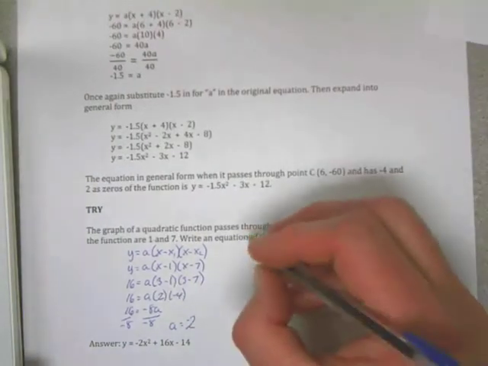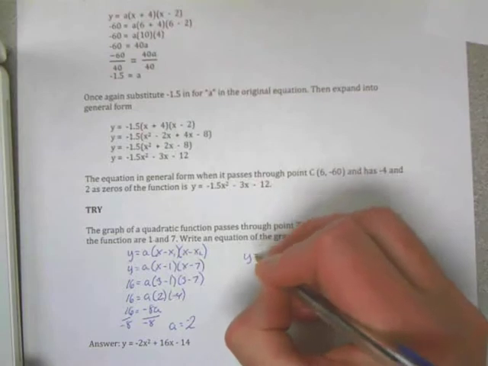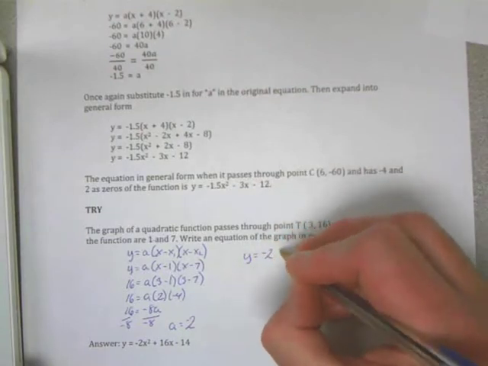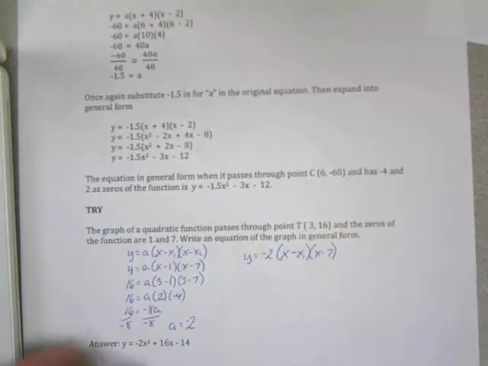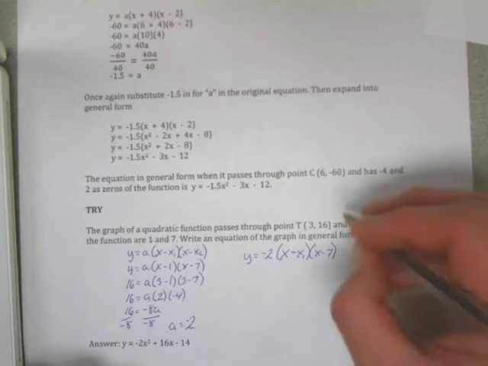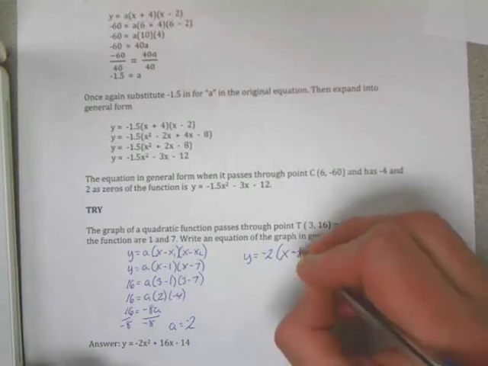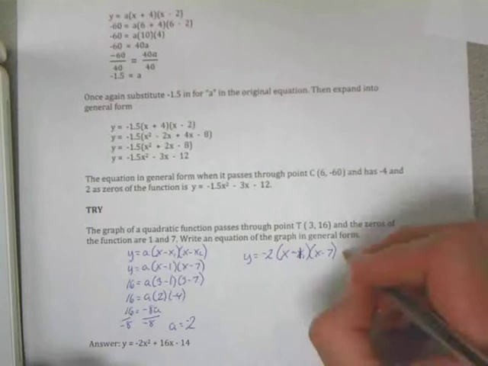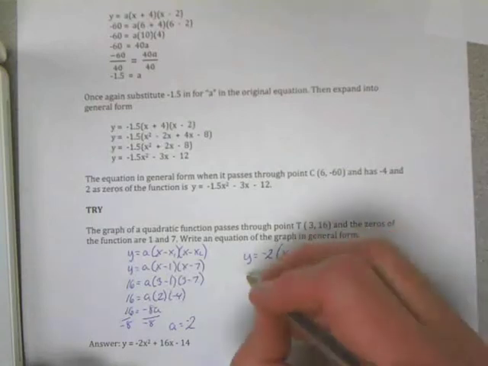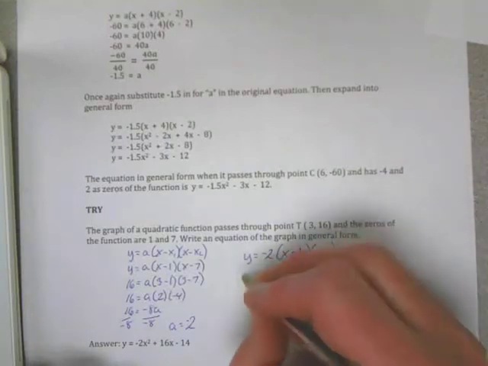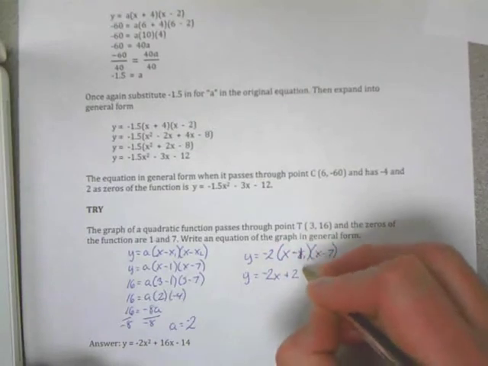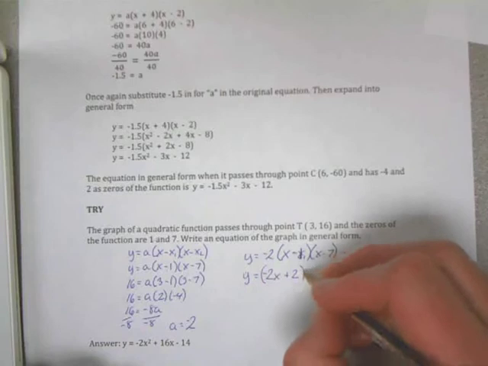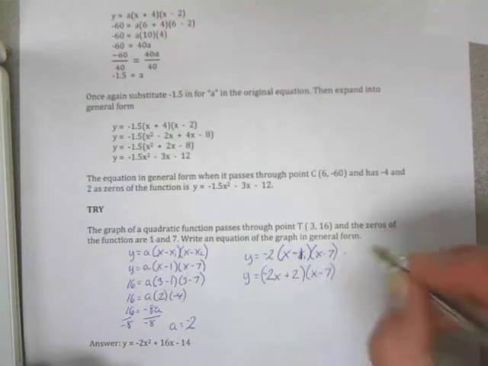Okay, I then go back to my equation. I plug that in for a, so y is equal to negative 2 times x minus 1 times x minus 7. That should have been a 1 there, which I was trying to do earlier. Now I want to get rid of these brackets, so y is equal to negative 2 times x plus 2 times x minus 7.